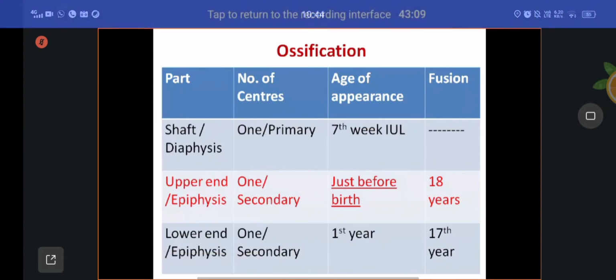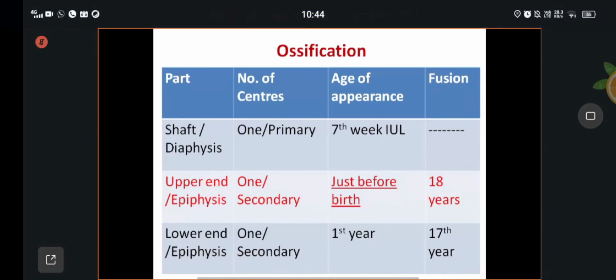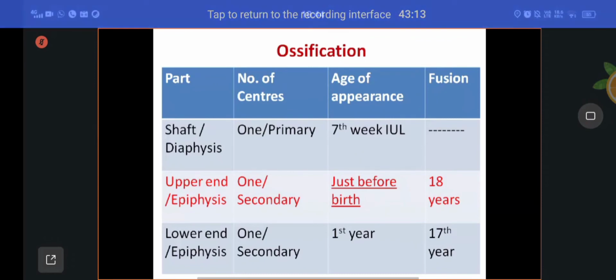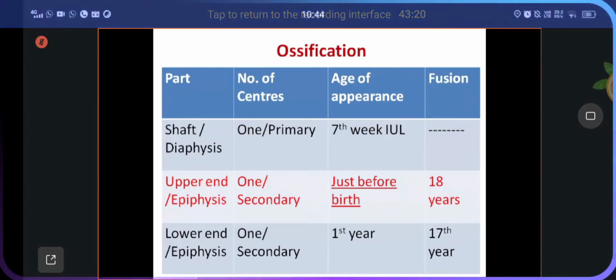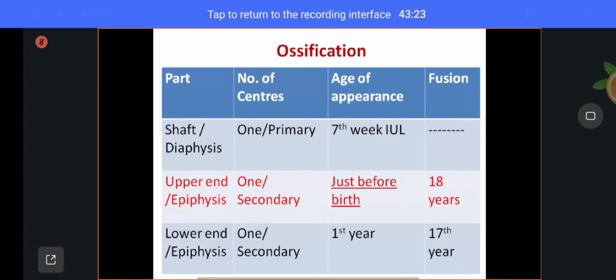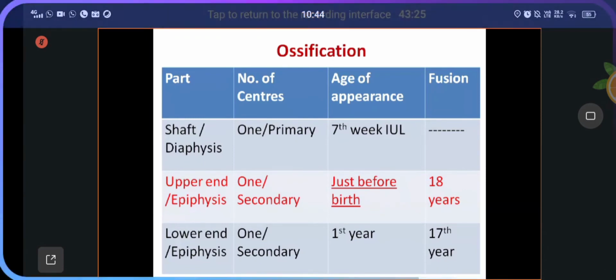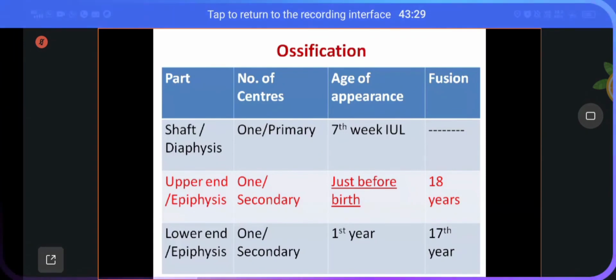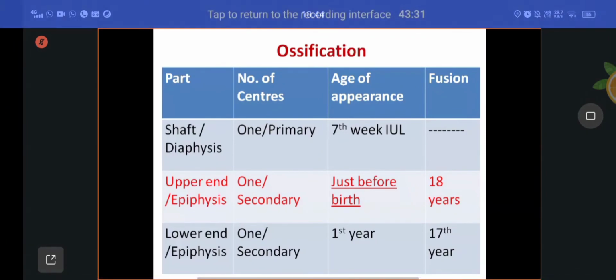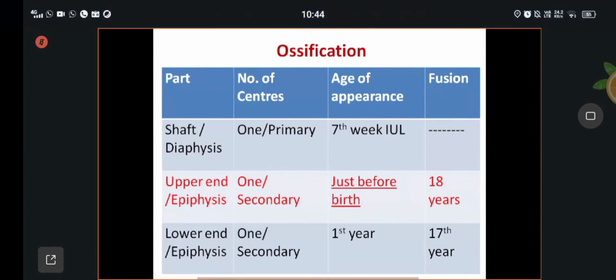Once the bone is fully developed, there is an upper end and lower end. Before its development, in the young or growing bone, they are called upper epiphysis and lower epiphysis. Sometimes you will have more than two secondary ossification centers for the condyles, tibial tuberosity or medial malleolus.